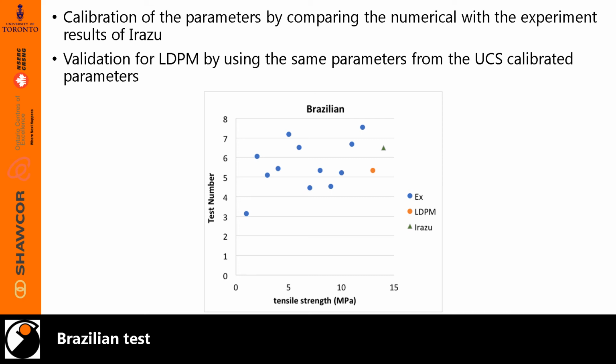The red dots represent the LDPM, the green dots represent the FDEM simulation, and the blue dots represent the experiment results. As you see, there is a large scatter of results. However, the average of the results fits really well with the numerical simulations of both models.